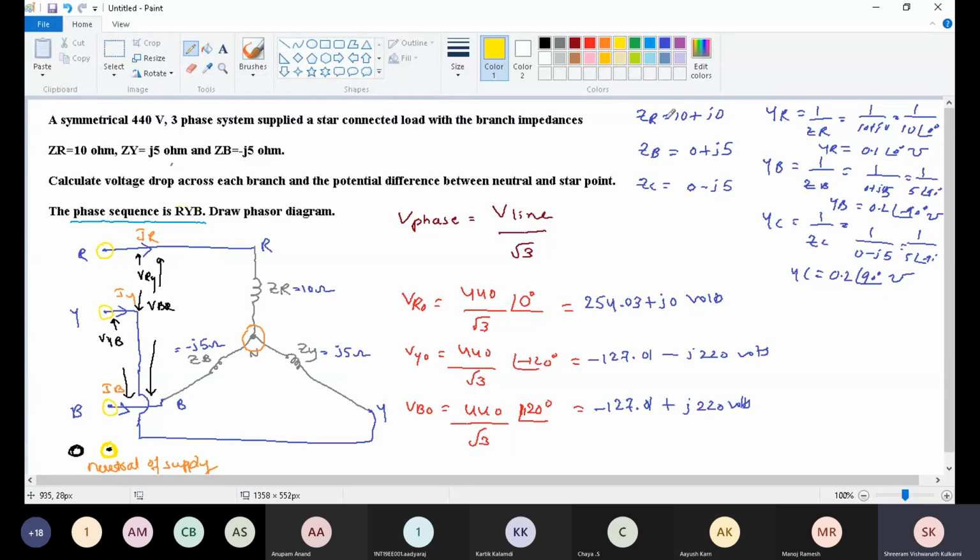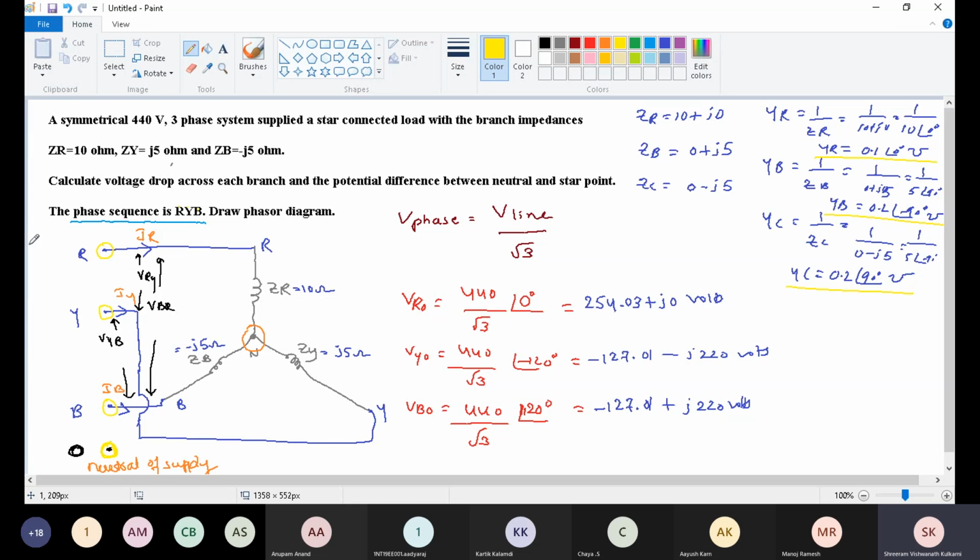Okay. From ZR, ZB, ZC, we have calculated YR, YB, YC. YR is 0.1 angle of 0, YB is 0.2 angle of minus 90 degree, YC is 0.2 angle of 90 degree. Now, according to Millman's theorem, we know that VN naught.